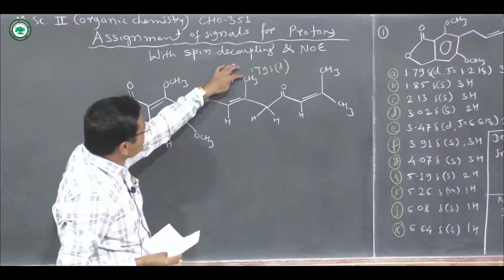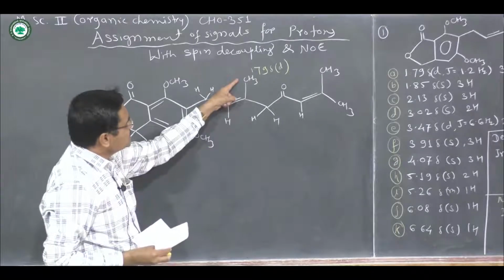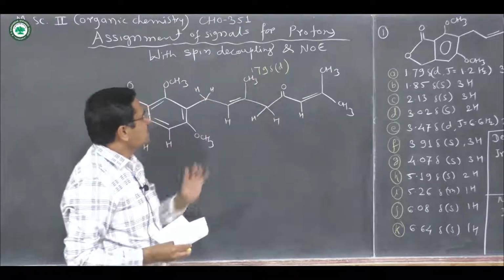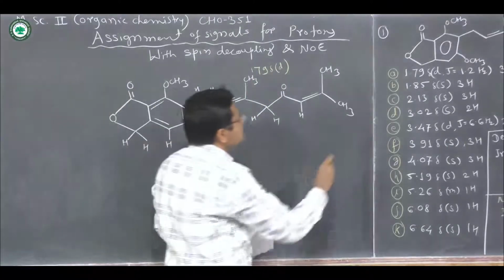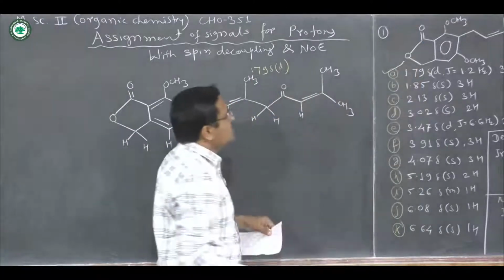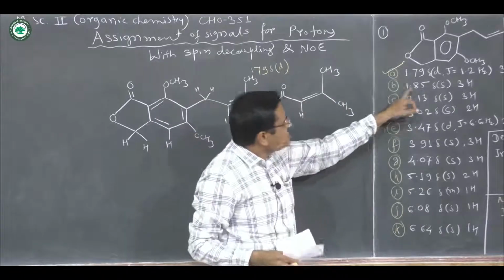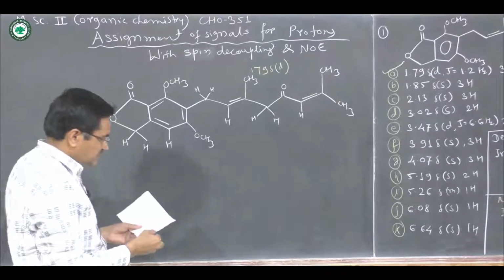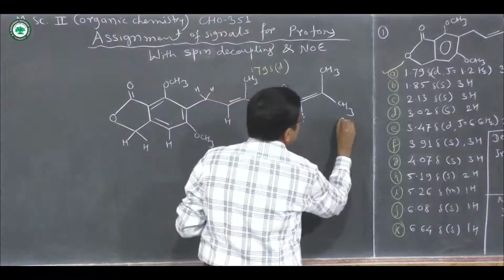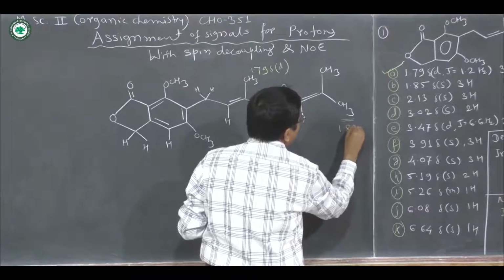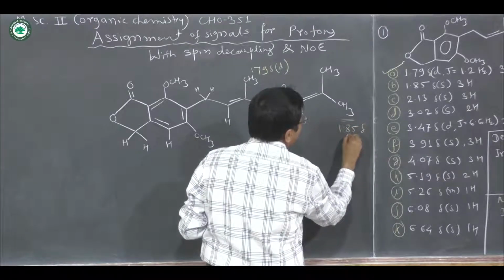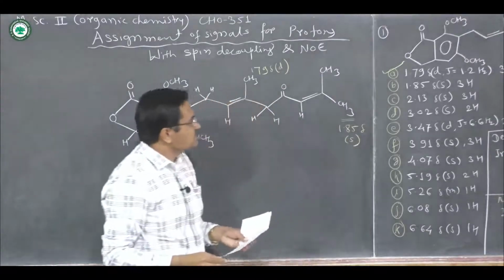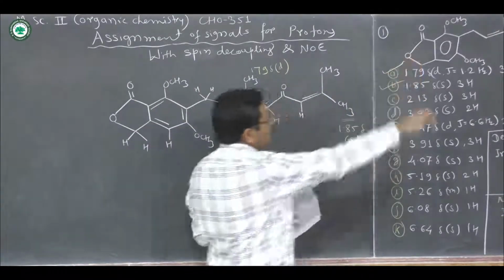Because this CH3 is coupled with this proton. Now this is assigned. Next, 1.85 is a singlet for 3 hydrogens, and it is a singlet because no neighboring proton is present, so this is assigned.